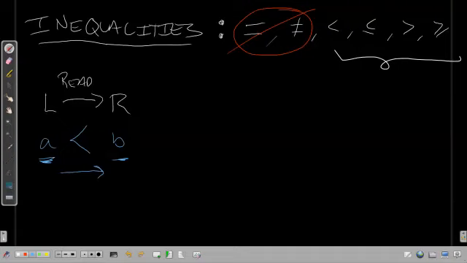Well, it's got the big side here, the big opening, next to the B, and the little tiny side that comes down to a point next to the A. It's trying to indicate to us that the value A is smaller than the value B. So A is less than B.